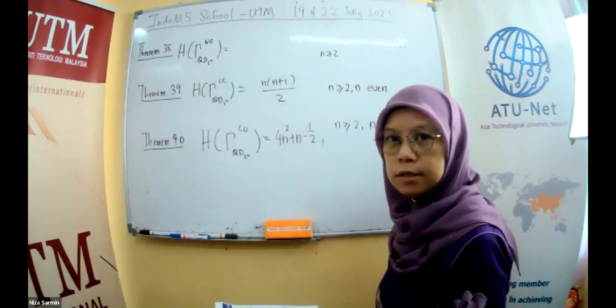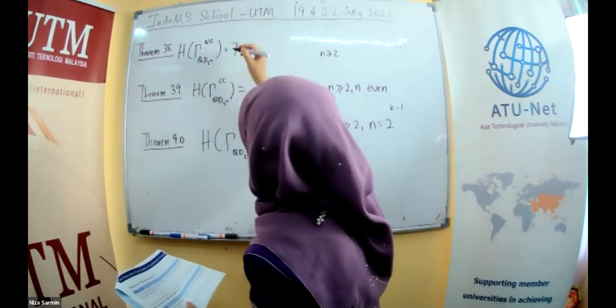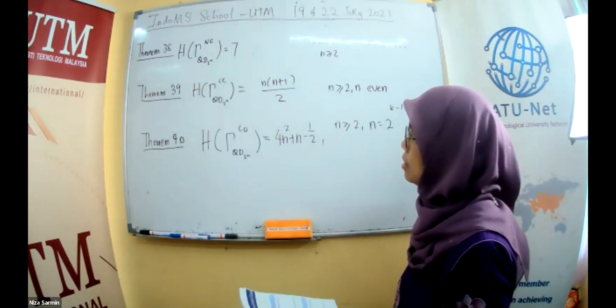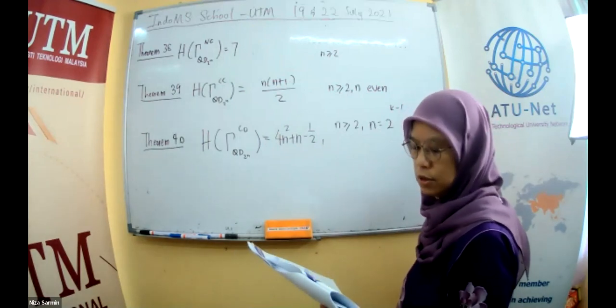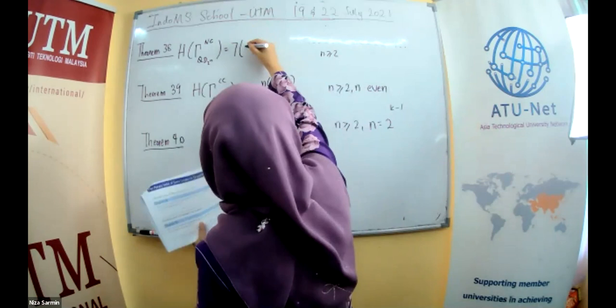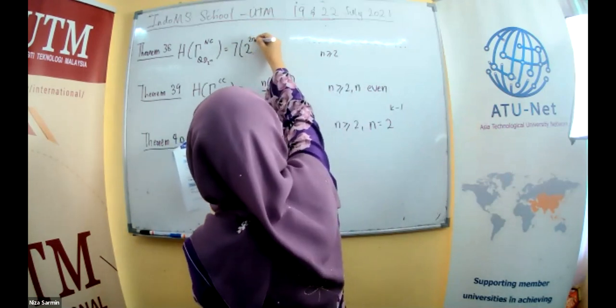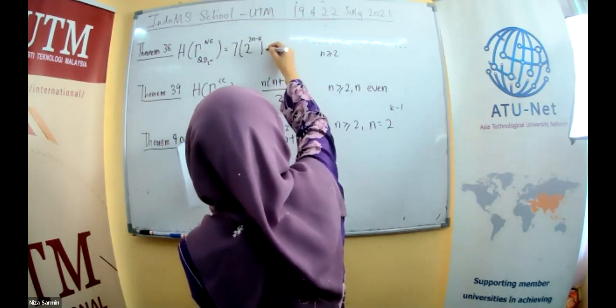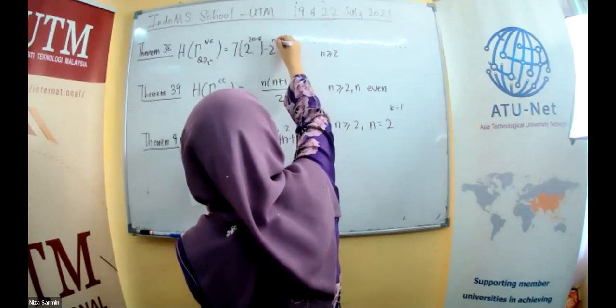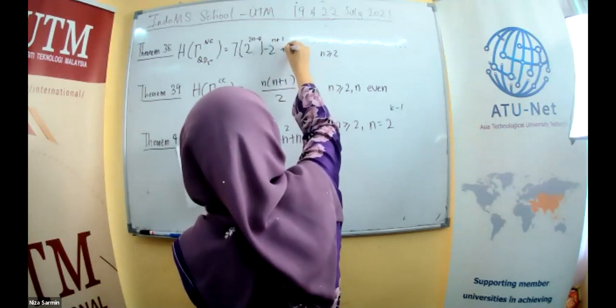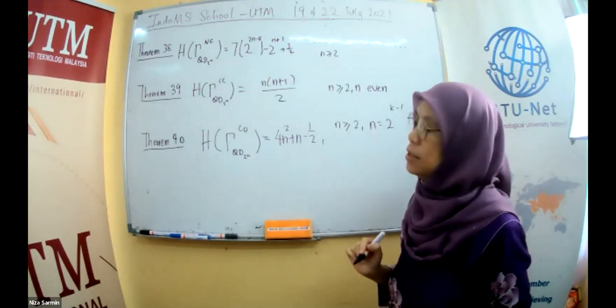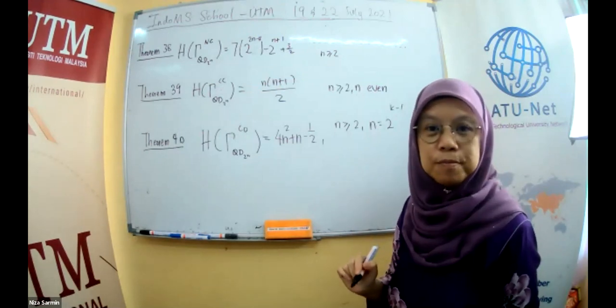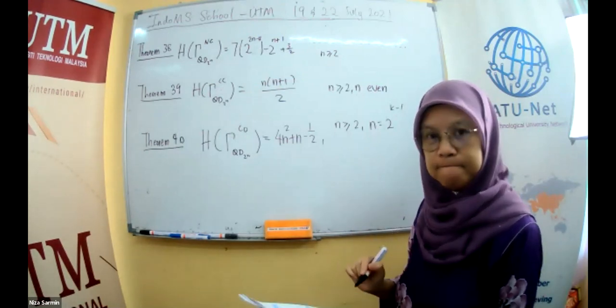Okay, this is 7. Yeah, consider 2 is quite complicated. The graph: 2 to the 2n minus 4 minus 2 to the n plus 0 into 2. Okay.